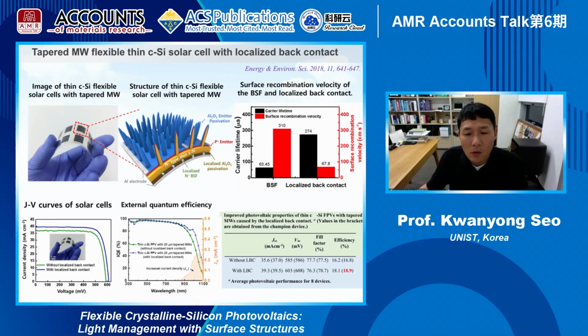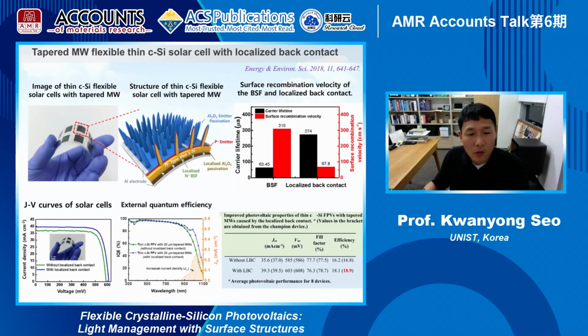And also we apply the localized back contact, which is a very common technology used in the industry. So finally, we have over 18% overall efficiency of the flexible solar cell. This is very meaningful, and at that time it was the best efficiency for flexible solar cells in 2018. So it is an important value in flexible solar cell applications.